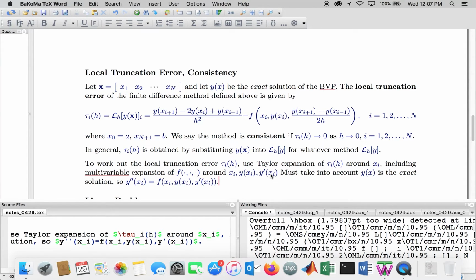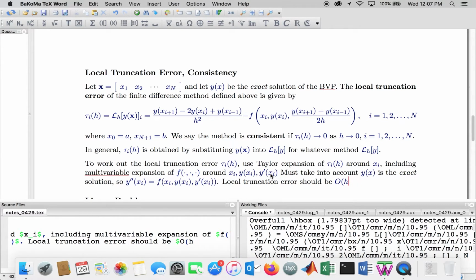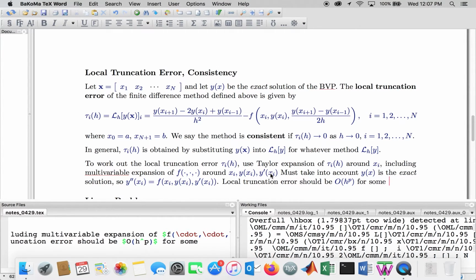So you get some cancellation from that. Okay, so local truncation error should be order h, like a power of h, right, because certainly if that's true, then the method will be consistent. The local truncation error would go to 0 as h goes to 0.